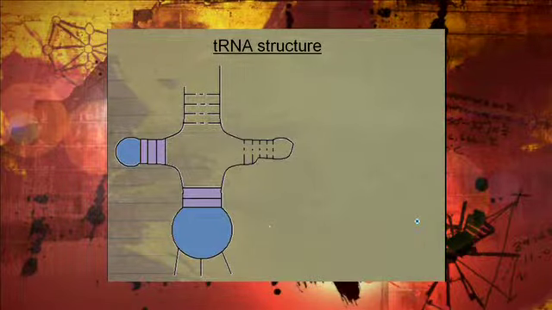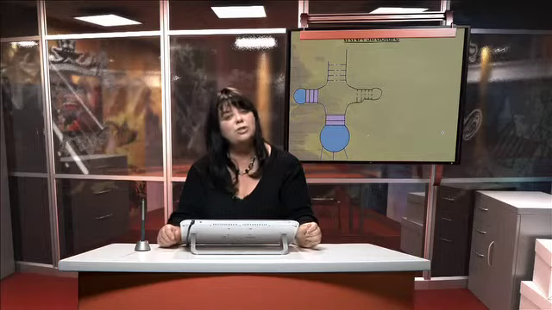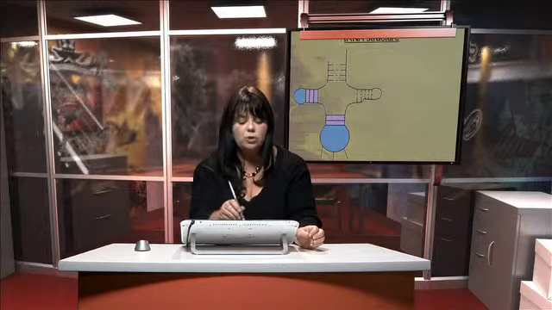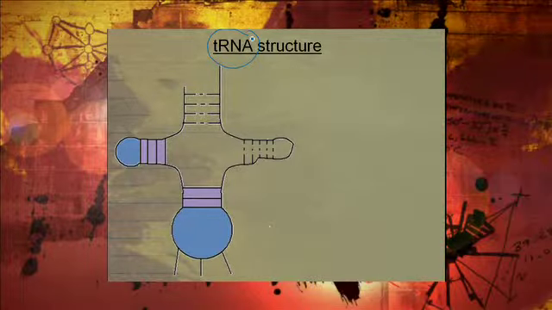We need a different kind of RNA to help us with this translation process. And so we meet another kind of RNA called transfer RNA, and we write that with a little t. Remember, you've already met mRNA, which is the messenger RNA, and now we have tRNA.